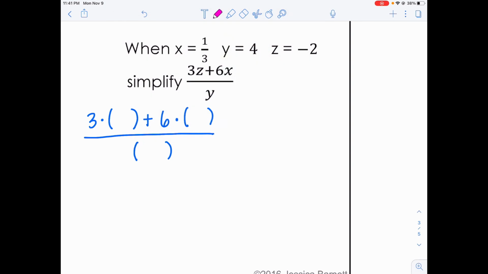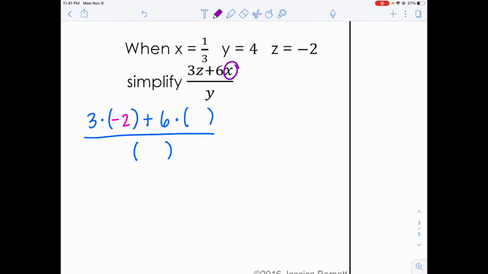Now, there are multiple variables we're using in this expression, so take it one at a time. The first variable I have to substitute in for is z. Look up here, find z. Z is a -2, so I'm going to put -2 there. Moving on to the second variable I'm looking for. It is x.